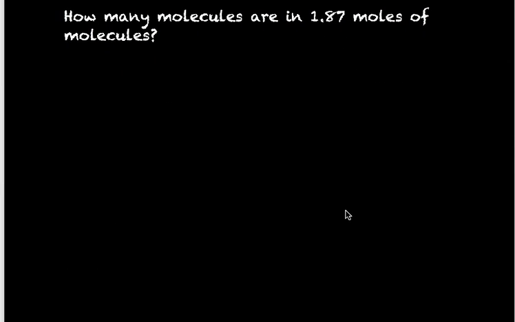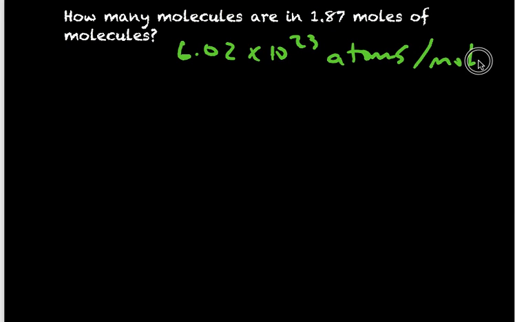Now, this next problem is a little different. We need to find how many molecules there are in 1.87 moles of molecules. Now, this may sound confusing, but it's actually pretty straightforward and simple. Again, we need to know how many atoms there are per mole, which you should be pretty familiar with by now: 6.02 times 10 to the 23rd per mole.